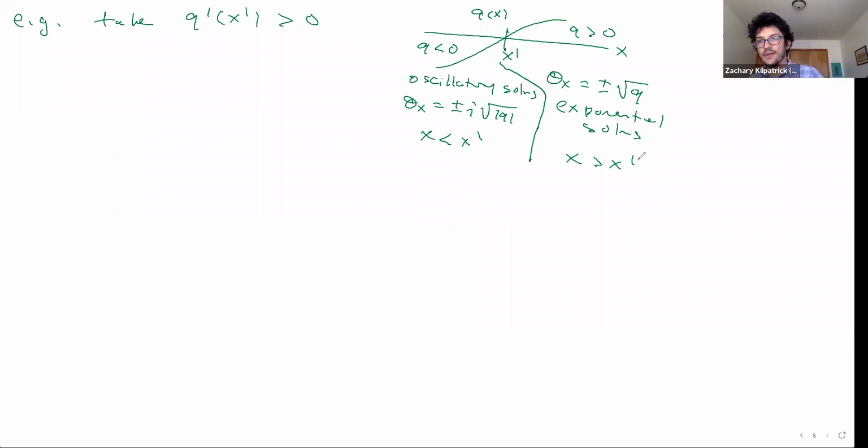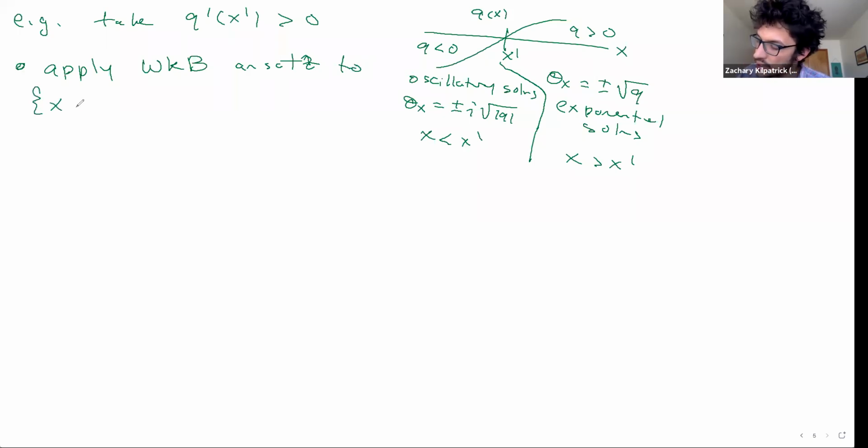Now, the main thing that you derive in this case is what's called connection formulas. That just tells you how to relate the coefficients of your left and right solutions when you have a single turning point. So let's go ahead and apply our WKB ansatz to x less than x prime and x greater than x prime.